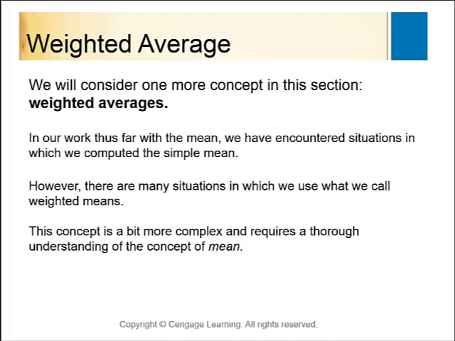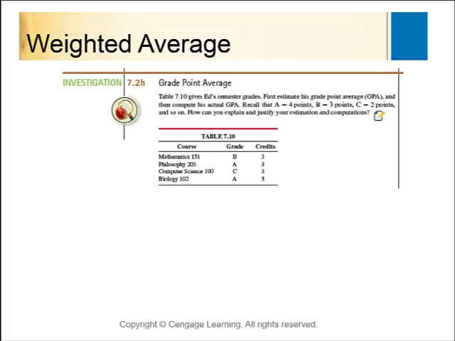The last thing we're going to talk about would be weighted averages. Something that's very near and dear to you, I'm sure, would be the weighted average of your grades. Now, I'm not really crazy about this example, but we will do this one. The reason I don't like it is because there's nothing to weight here. They're all worth 3 credits. But if you were to do it, you would say a grade of B is worth 3.